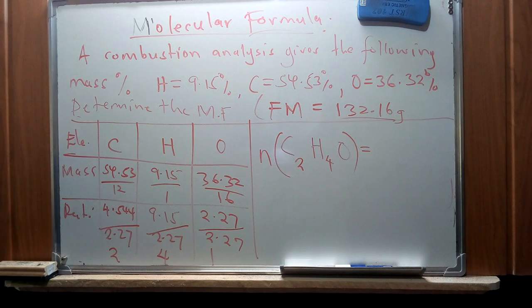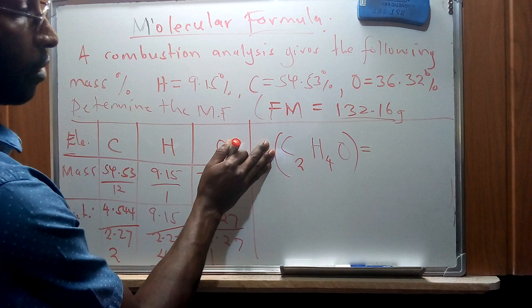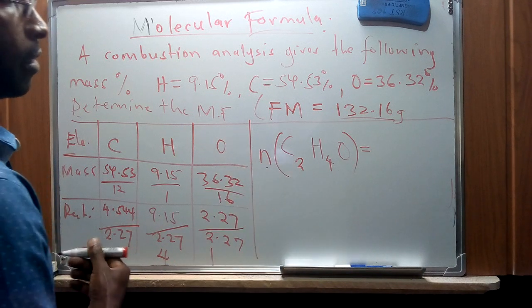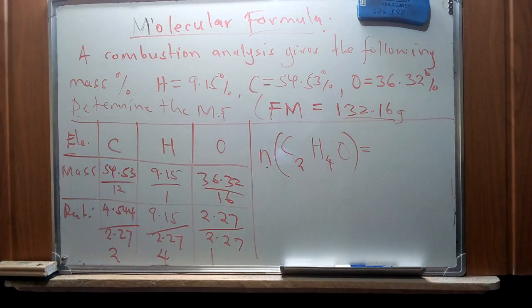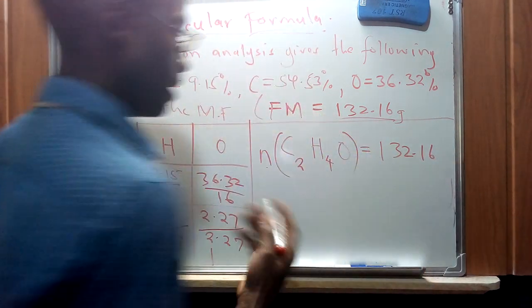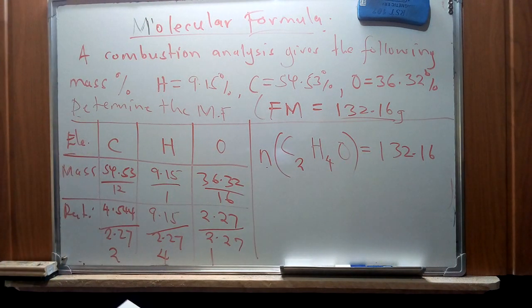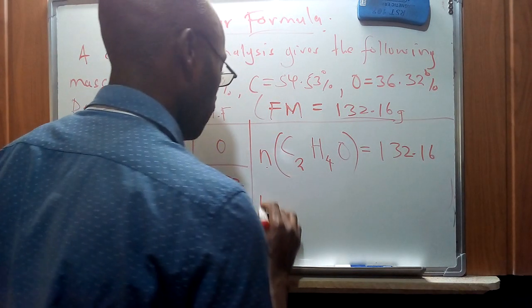So when we have the relationship for the empirical and molecular formula, the product of n and the empirical formula gives us the molecular formula. So therefore, given that this formula mass is 132.16, bearing in mind that these represent the mass ratios as we have done from here, we're going to solve for n by doing a substitution for this different set of elements that are making up the empirical formula.